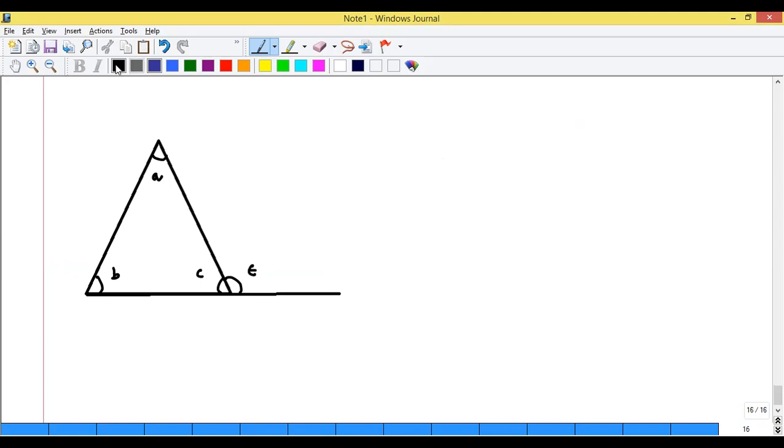What is A plus B plus C? What is sum of interior angles of a triangle? What is C plus E? Why is C plus E 180? Because it forms a linear pair. They are supplementary angles. It forms a straight line. Yes or no? C plus E is also 180.